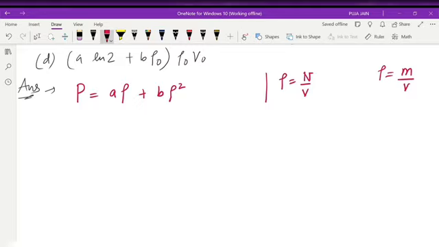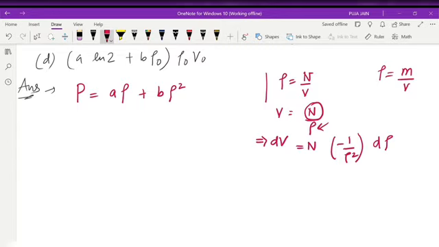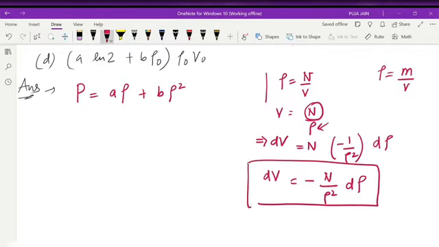So V can be written as N by rho. Correct? Now if I differentiate, N is a constant quantity, so I take it outside. The derivative of 1 by rho is minus 1 by rho square d rho. So I got dV equals minus N by rho square d rho.